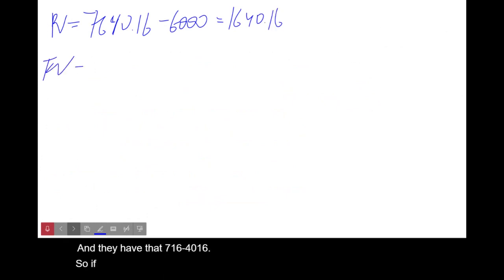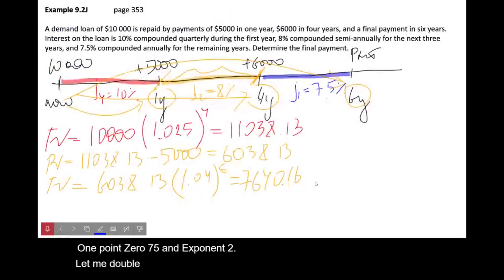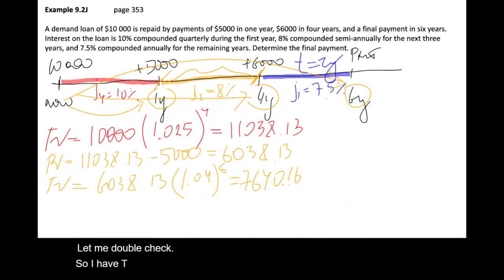So future value, it is 1,640.16 times 1.075, and exponent 2. Let me double check. So I have T 2 years here, right?